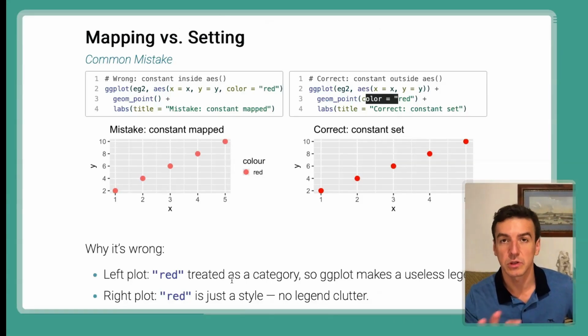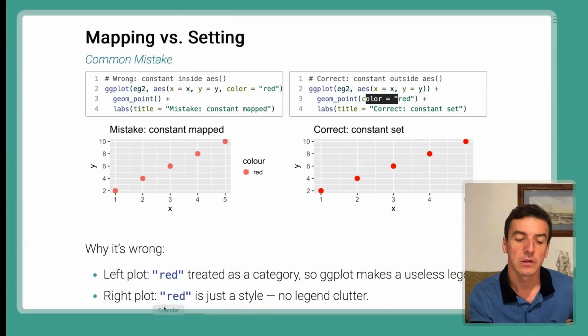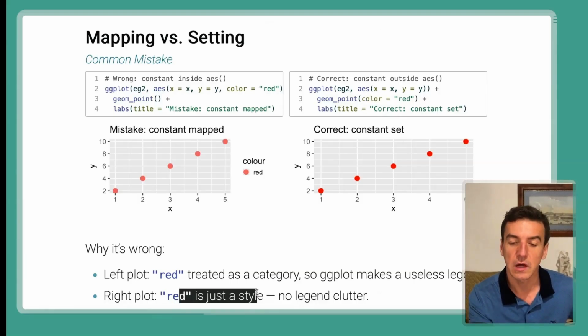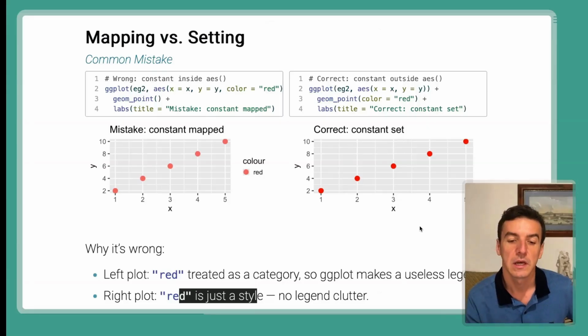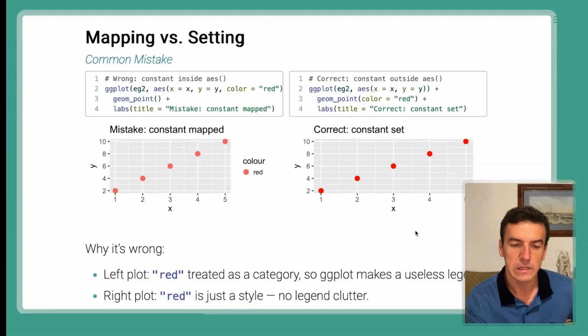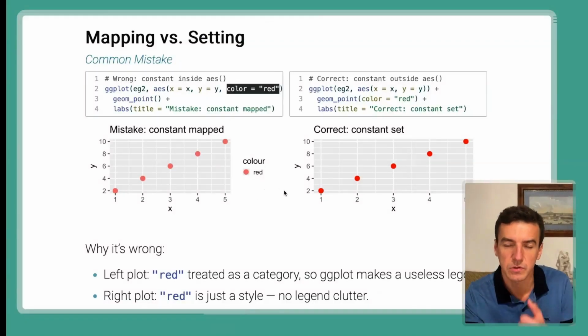So ggplot uses this as a legend. The right plot, the red is just a style, right? So this is going to be all of these features that will be depicted in red. So this is a common mistake that many people make when they start their journey with ggplot. Putting this here in the aesthetic, which results in this legend, which is useless.